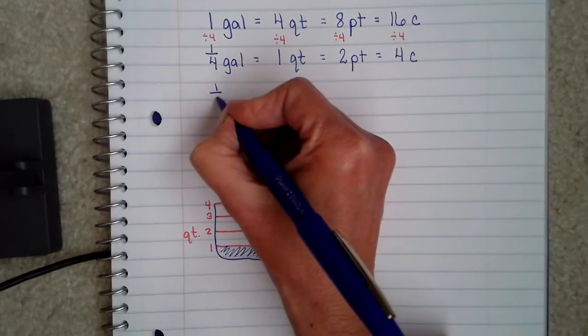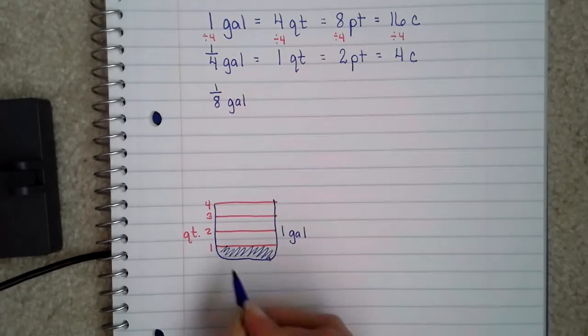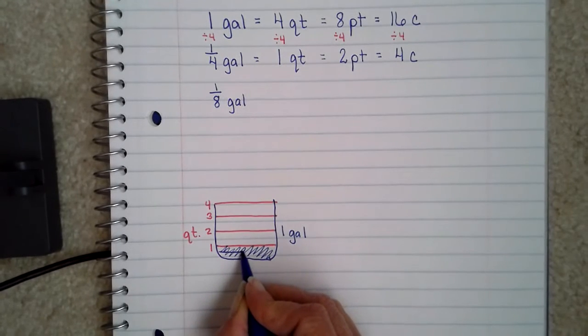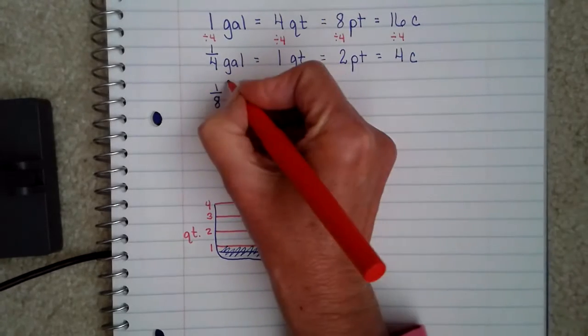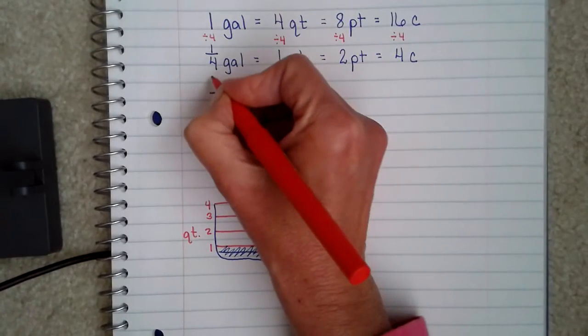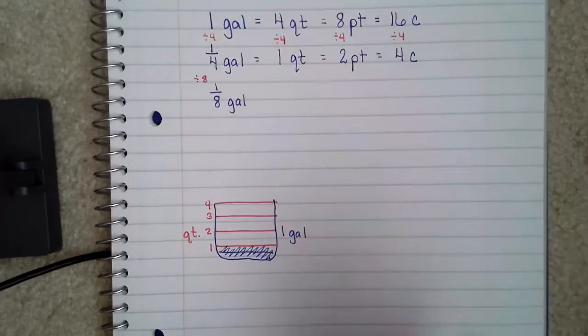1/8 of a gallon, so now we would split this into even smaller pieces. And if we use that same idea, from the top one, we would be dividing by 8. 1 divided by 8 is 1/8.